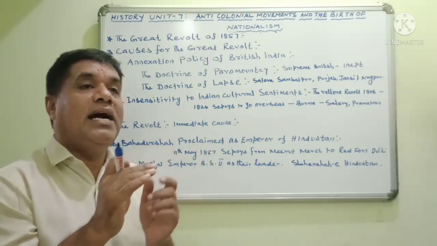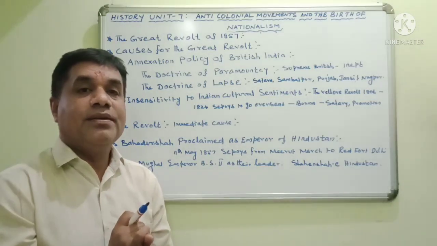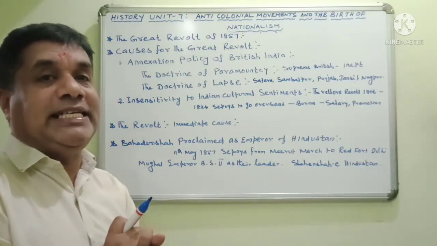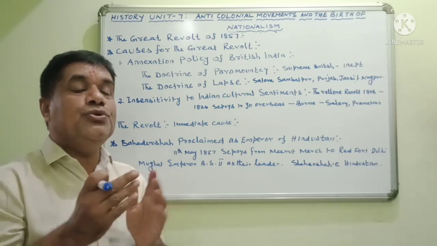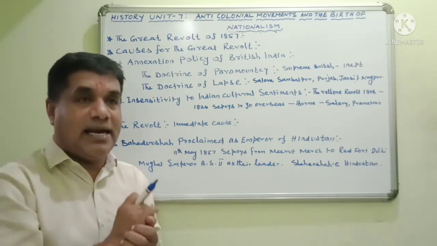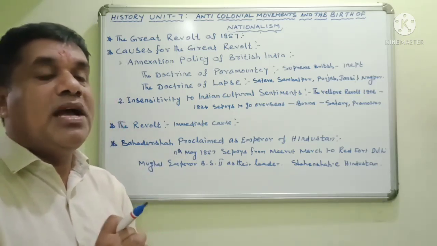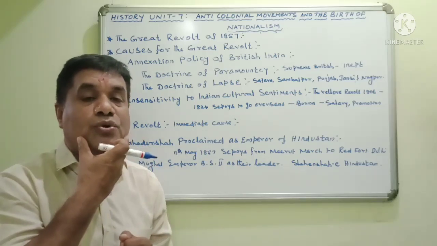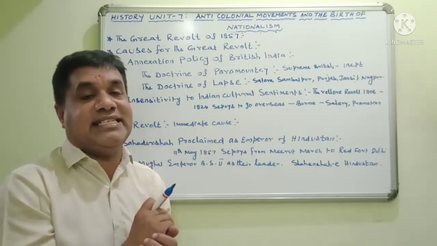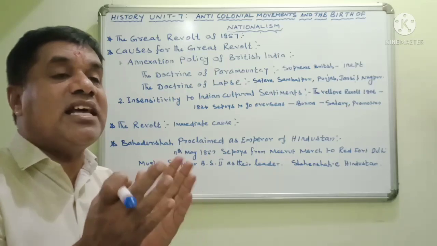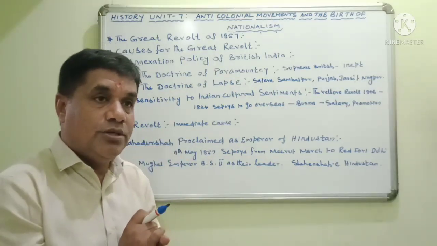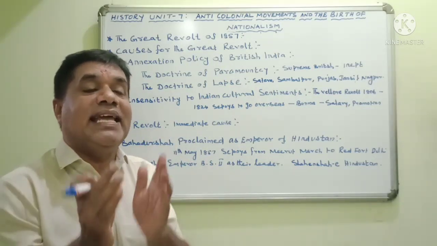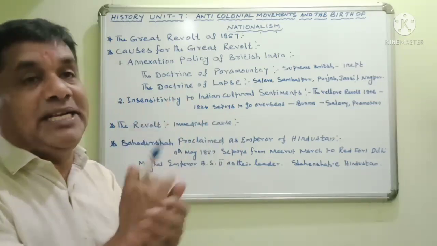Both Hindus and Muslims were angry against the British because the caste mark was sacred to Hindus, and the Muslims wanted to grow their beards and mustaches. Both these were prohibited by the British. So both Hindus and Muslims resented the British.